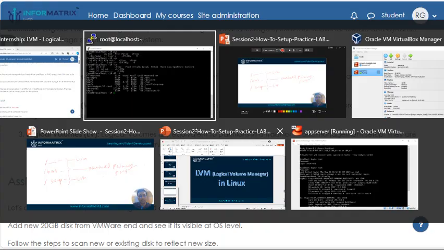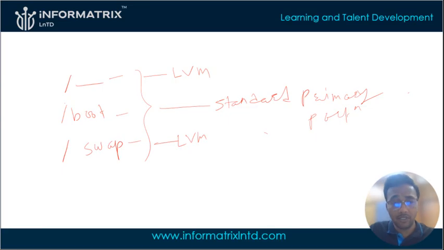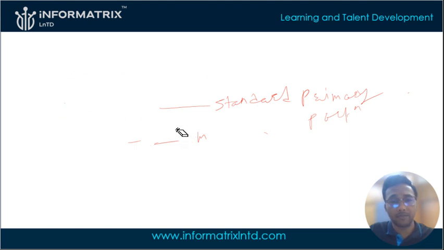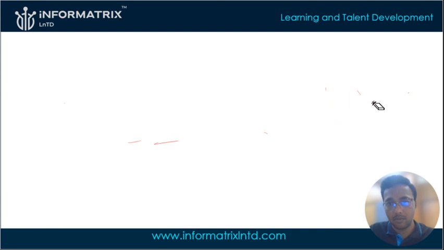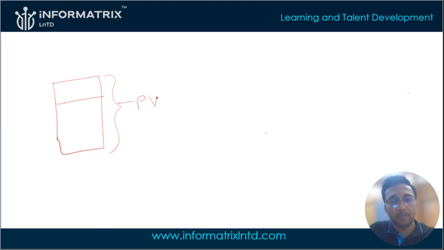Structure wise, let's understand it like this. Let's take an example. This is the hard disk. You have 2 options: either the entire disk can become a PV, or you can create a partition in it and make that a PV.